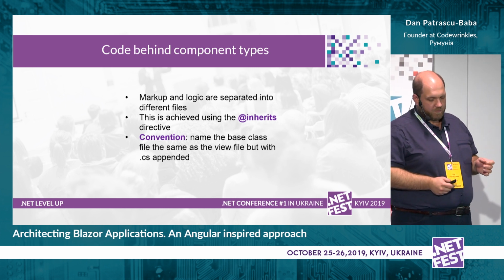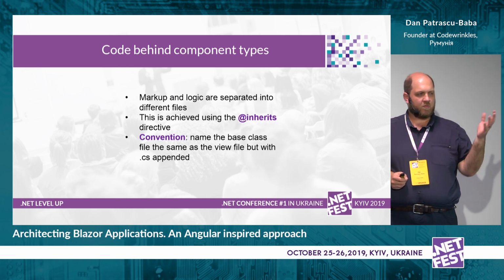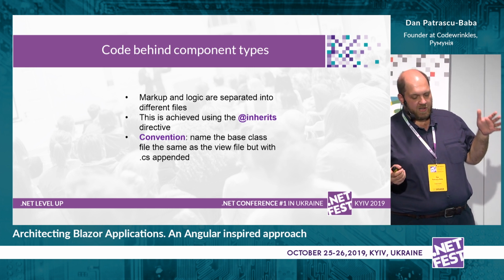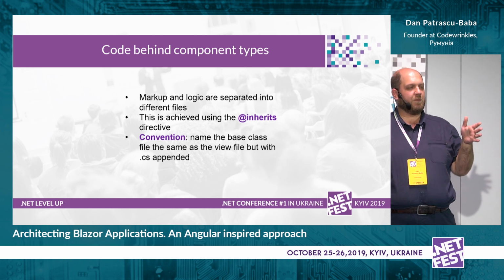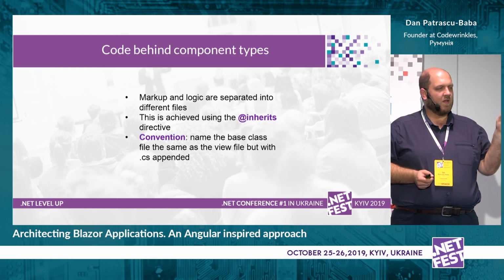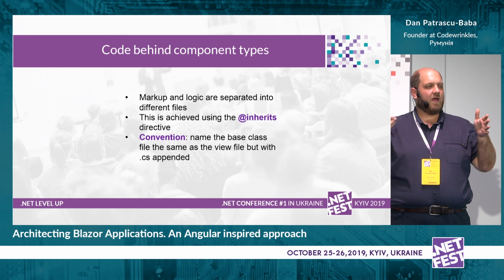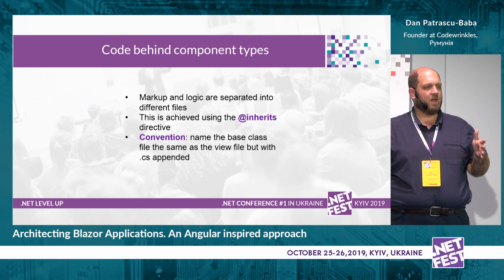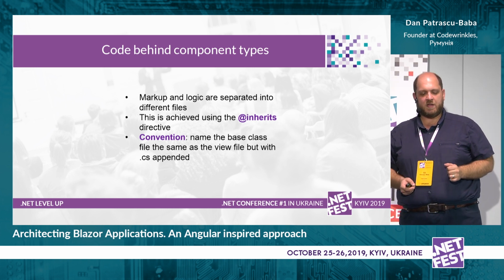There is one convention here, and this might change in a rather short time: we should name the file where we place the markup and the file where we place the logic with the same name, for instance hello world, but the markup file would be hello world.razor, and the logic file would be hello world.razor.cs. There is one problem here, and we will show this also in code.